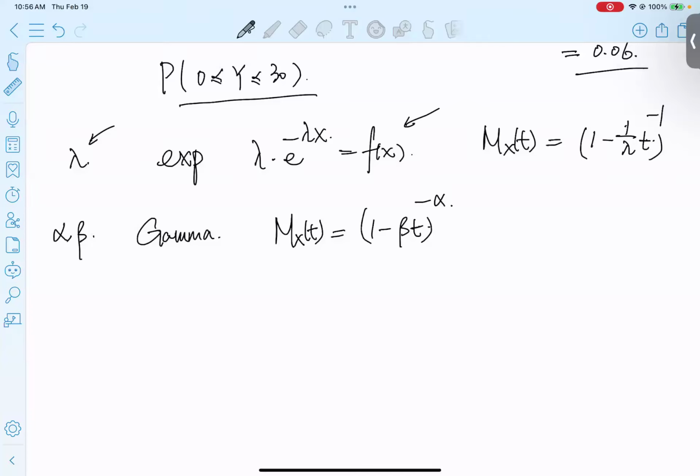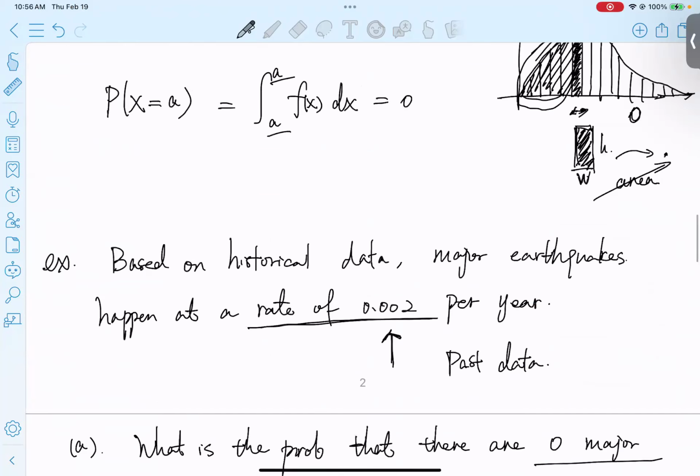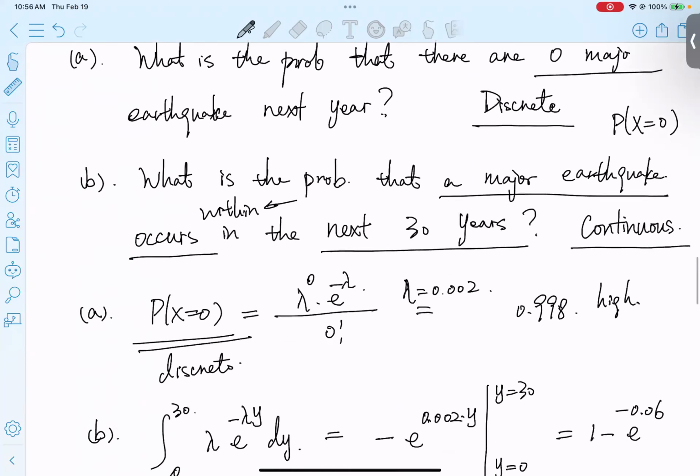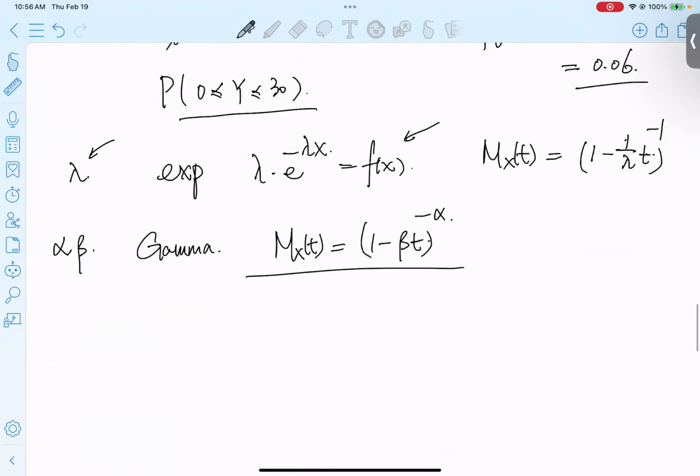You can also use a gamma distribution, but you need one extra step to rewrite or think about this question from your data or the information that you have. Now let's compare their moment generating functions.